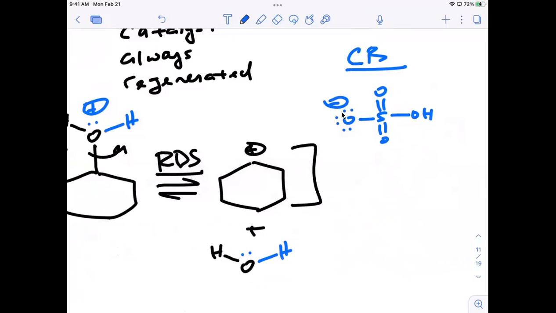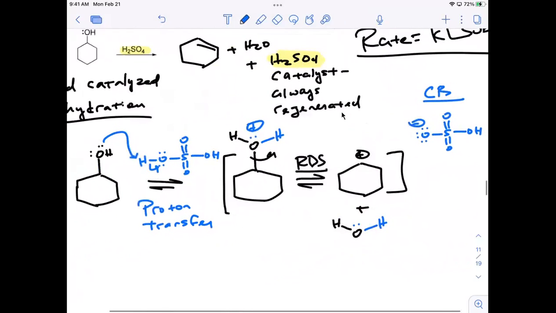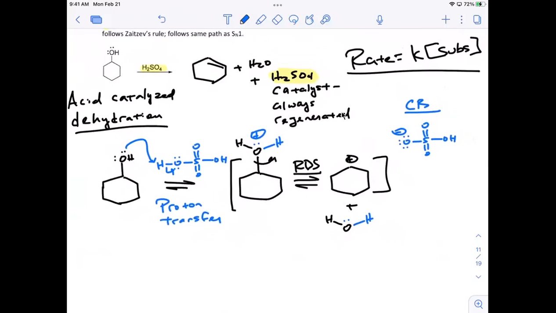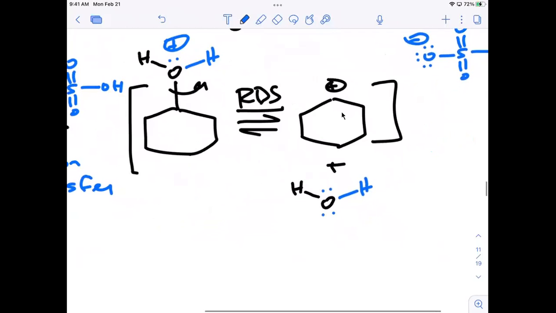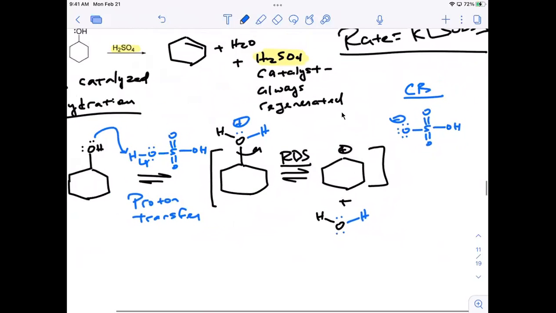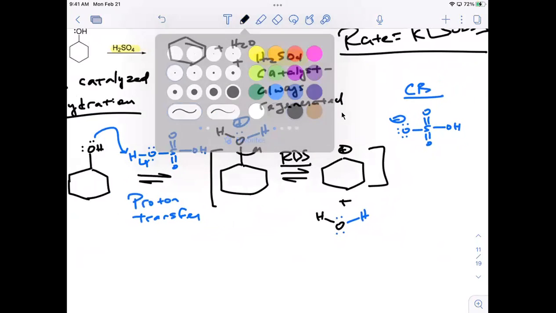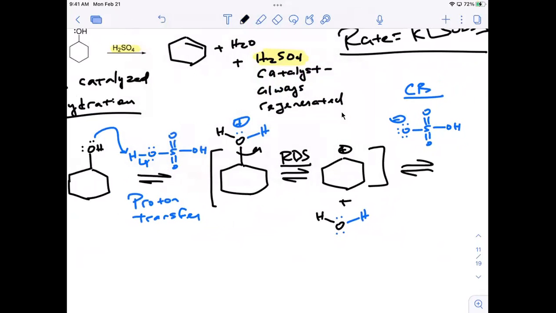Right? Anybody not see that? Once I pull that proton off of sulfuric acid, I get the conjugate base of it. All right. So now this is the elimination step. This is where it happens on this intermediate, on this carbocation intermediate.